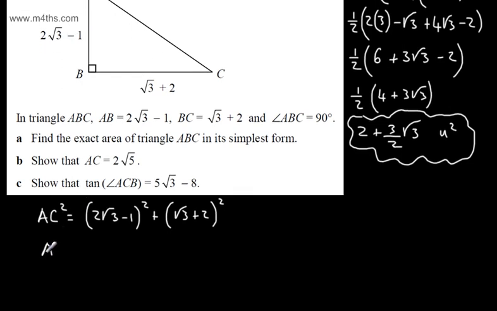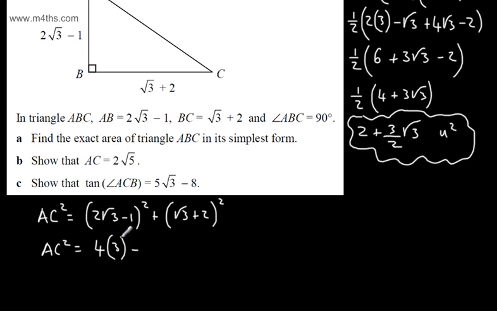So from this, expanding the brackets, if I multiply this out, 2 root 3 multiplied by 2 root 3 is going to end up giving me now 4 times by 3. 2 times by 2 is 4, root 3 times by root 3 is going to give us 3.